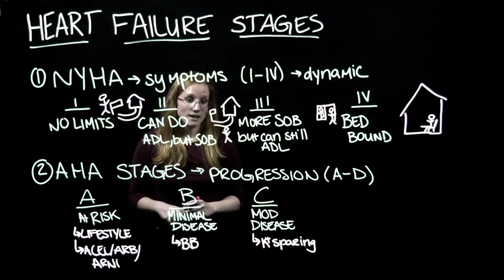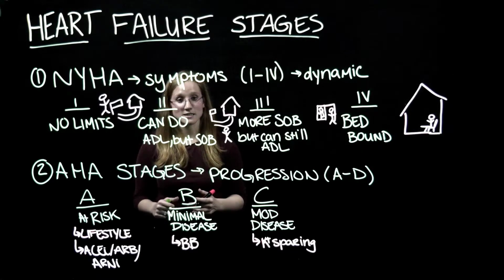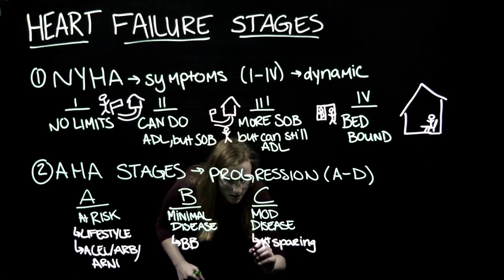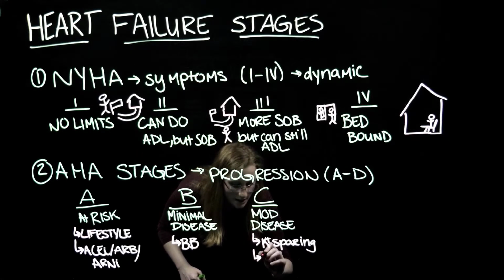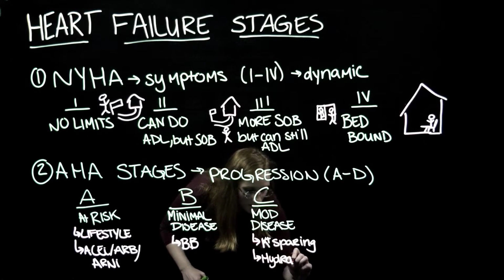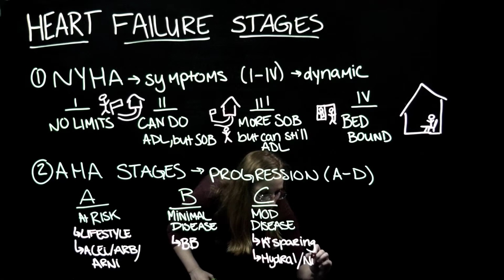Other things we can add on, depending on the patient's race and things like that. For our African American population, a really good combination to use in conjunction is our hydralazine and nitrates.